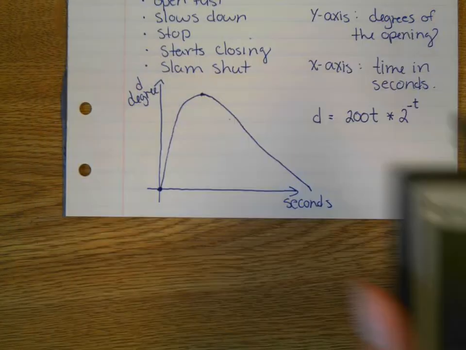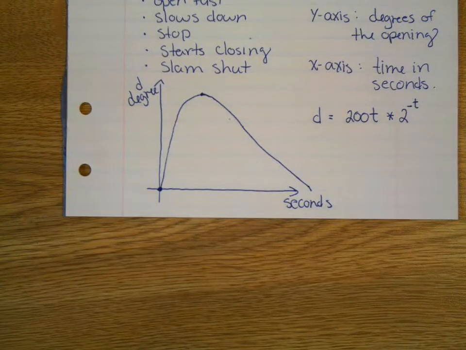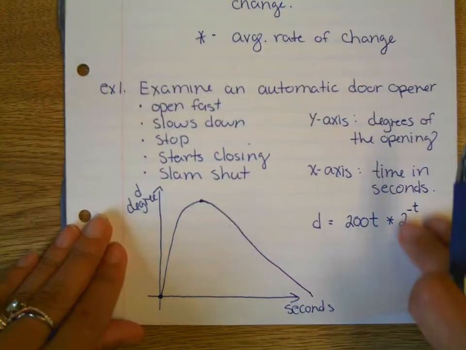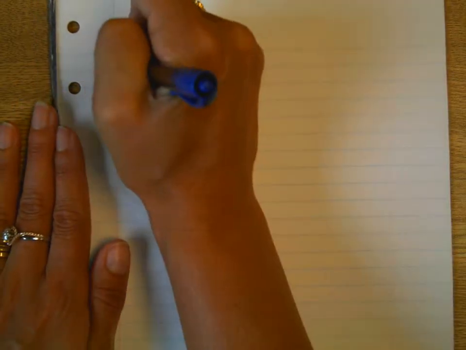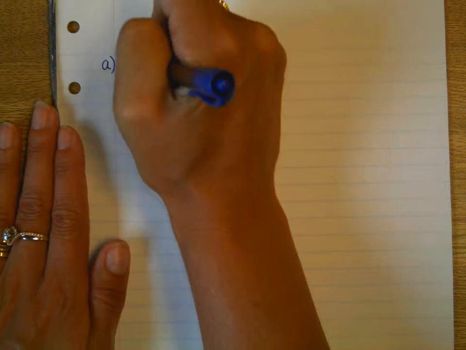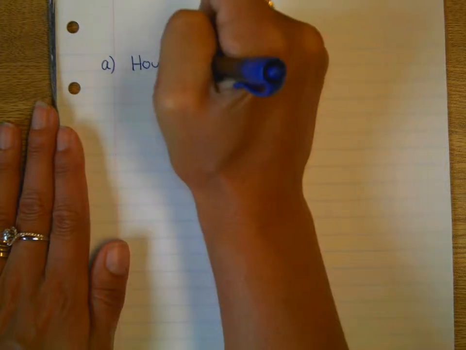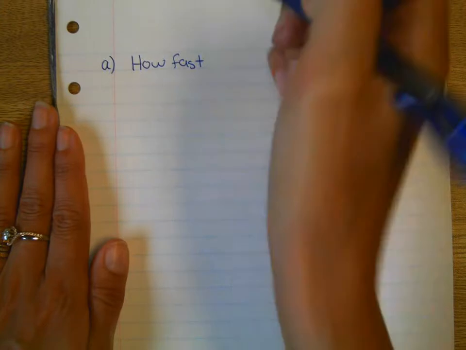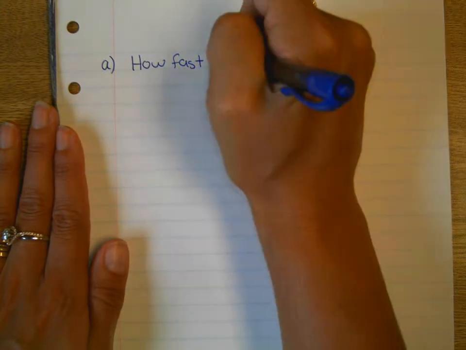Okay. So now that we have that, now we'll get into some rate of change stuff. So my first question here in this example is how fast is the speed? That's a rate.